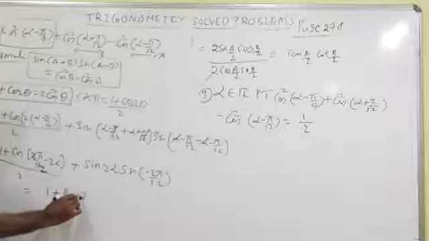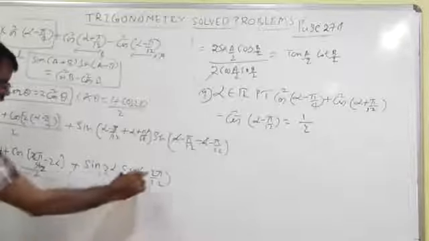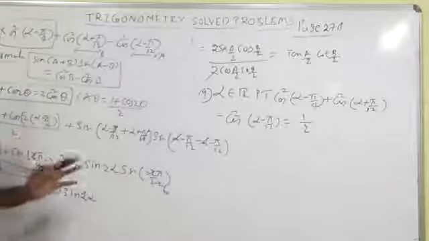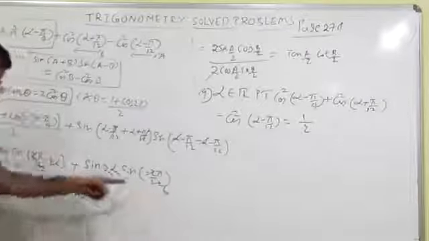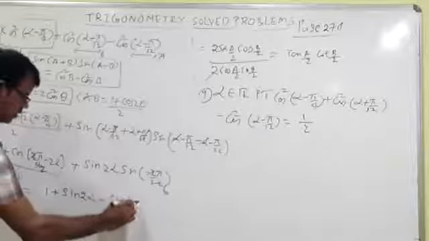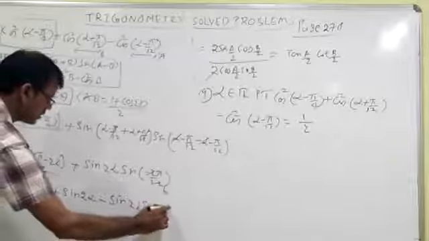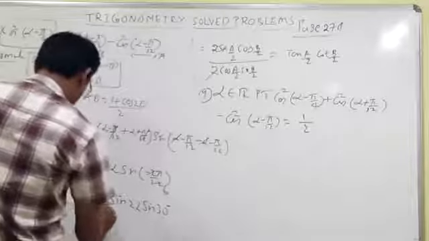This 2 will be getting cancelled six times. Understand the formula, sin of minus alpha is equal to minus sin alpha. So now write here minus sin 2 alpha into, this is sin 30 degrees, whole by 2 also.